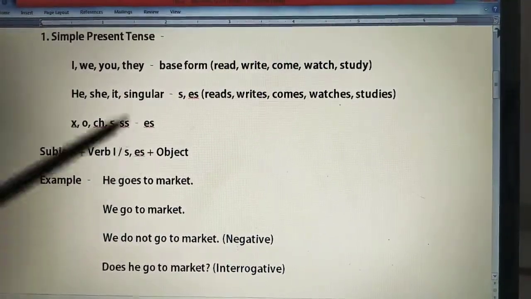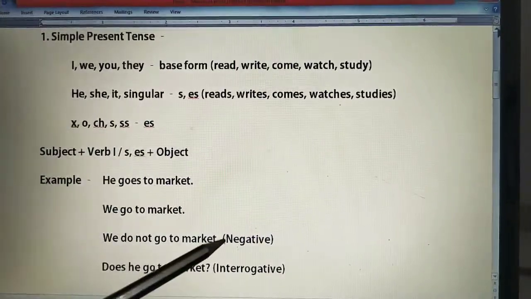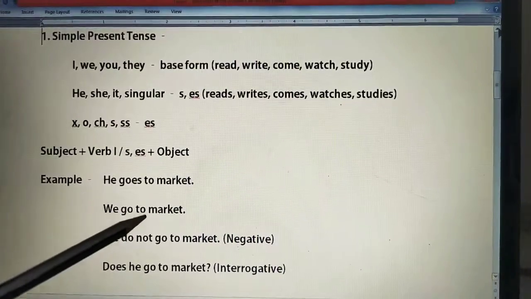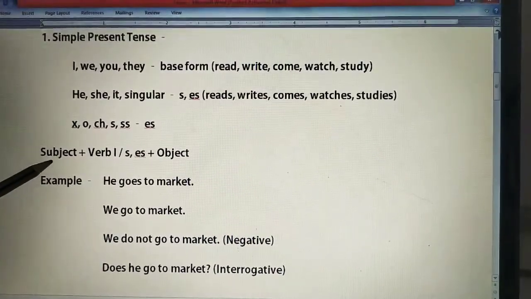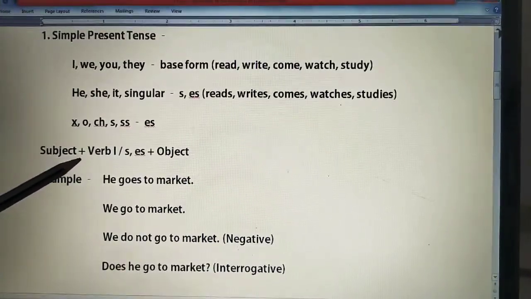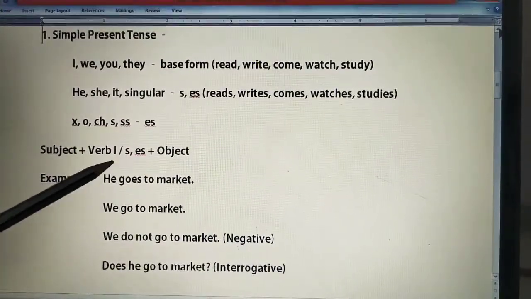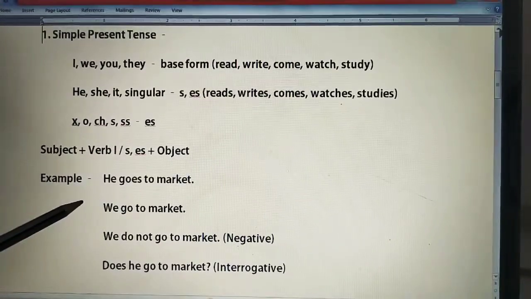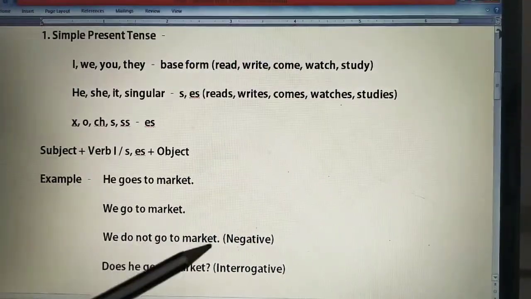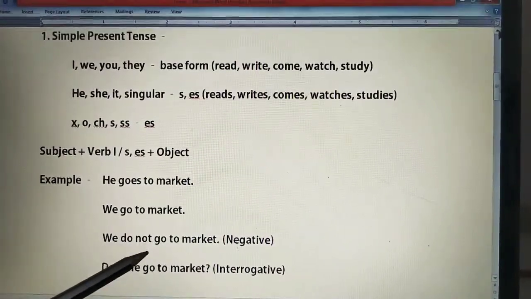Then if we have to change a simple present tense sentence into a negative sentence, we have to use do not or does not after the subject. Where will we use does not: if the subject is a third person singular subject, then we will use does not. If the subject is not a third person singular subject, then we will use do not.